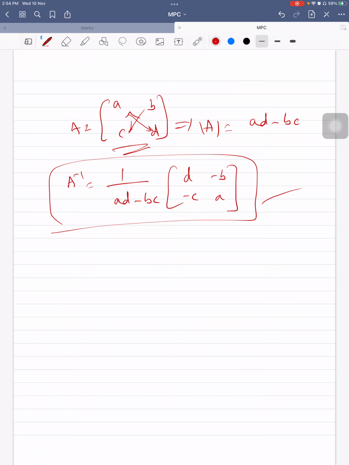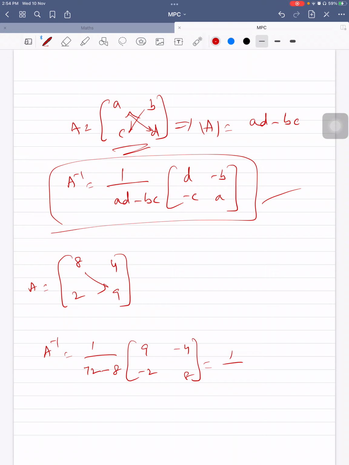Now can you find the inverse of the matrix [8, 4; 2, 9]? A inverse is 1 by ad minus bc, which is 72 minus 8, that is 64, times [9, minus 4; minus 2, 8].